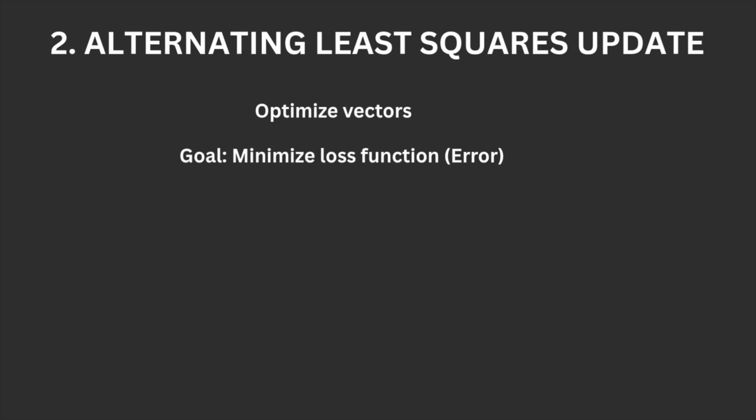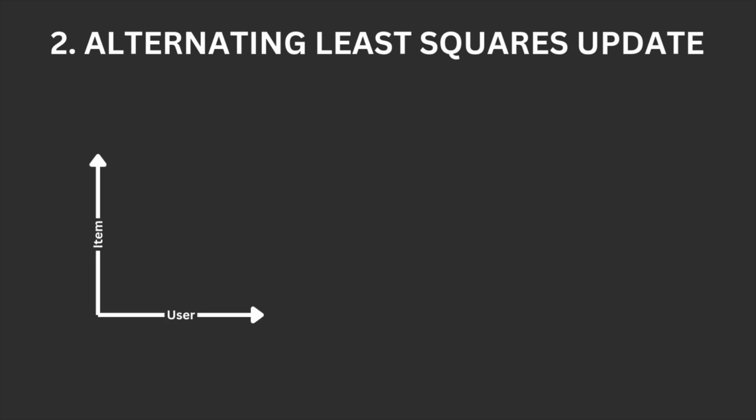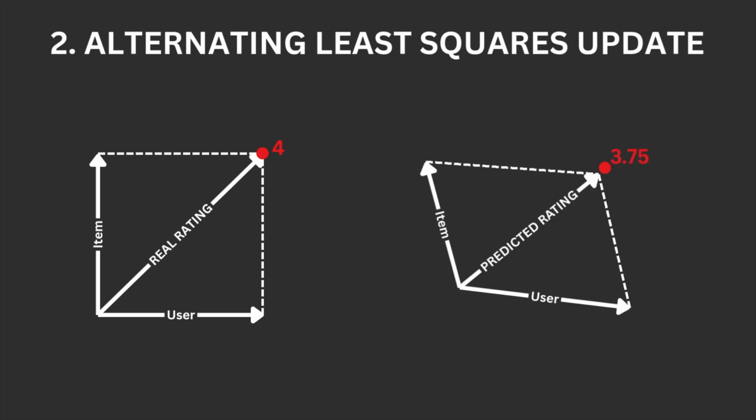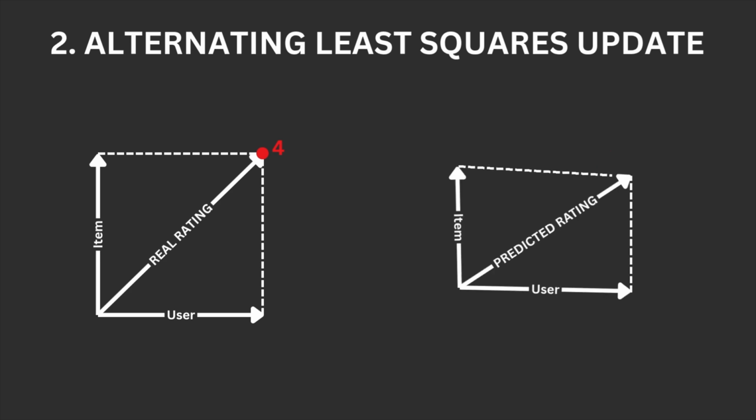To understand it visually, imagine this is the composition of a user and item that corresponds to a rating of 4. Right now, after random initialization, they are a bit too far apart. So the predicted rating is off. ALS nudges them closer together, so the reconstructed rating moves closer to the true rating, in this case 4.